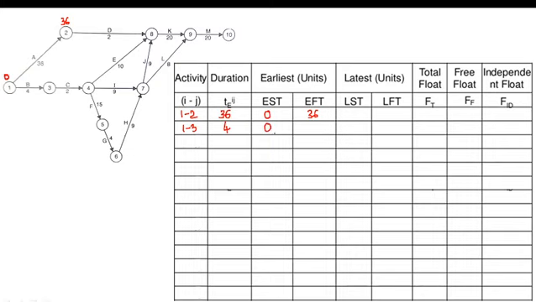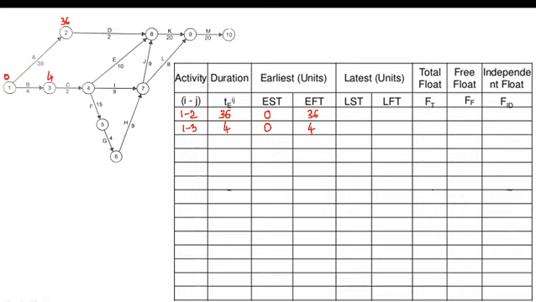Now 0 plus 4 we get as 4. So the earliest finish time of activity 1 to 3 is 4, which we have written over here.